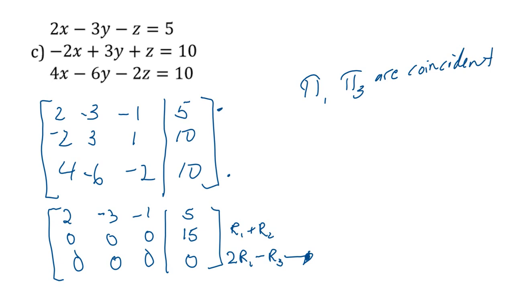So between plane 1 and plane 3, there are infinitely many solutions, but that's because those 2 planes are coincident. But look at row 2, which represents what we got when we worked with plane number 2. We didn't get 0 equals 0, we got 0 equals 15. That means that plane 2 is parallel, but not coincident.